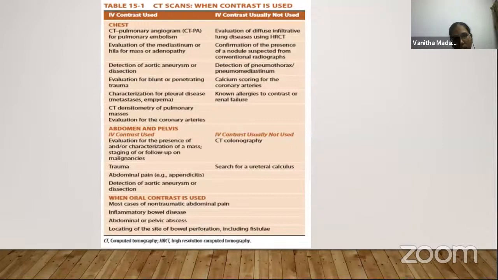And where we don't use IV contrast is while we are doing a HRCT scan, high resolution CT scan, to look for infiltrative lung diseases. And if we want to look for a pneumothorax or pneumomediastinum, there is no need of IV contrast. And in patients with known allergies to contrast or patients with renal failure, we try to avoid IV contrast.